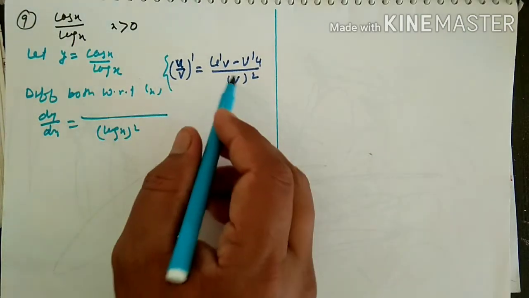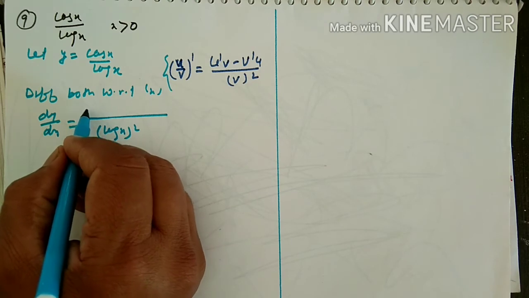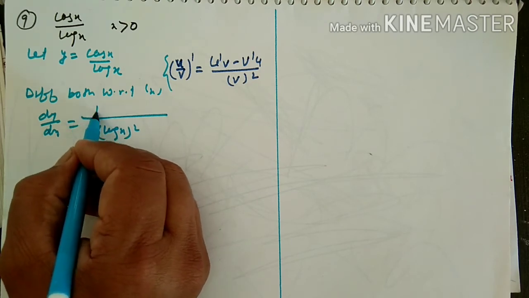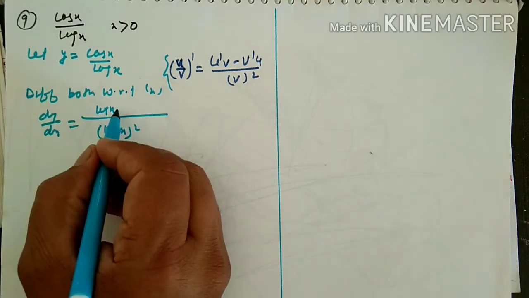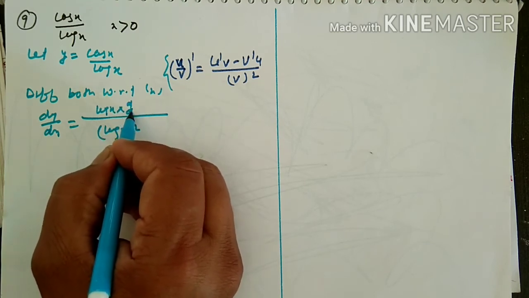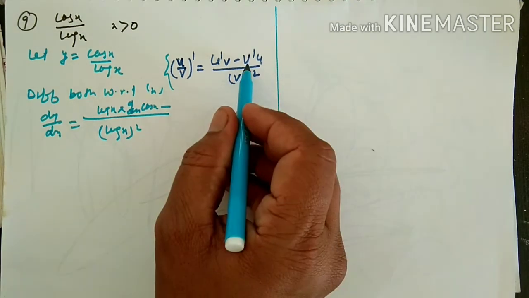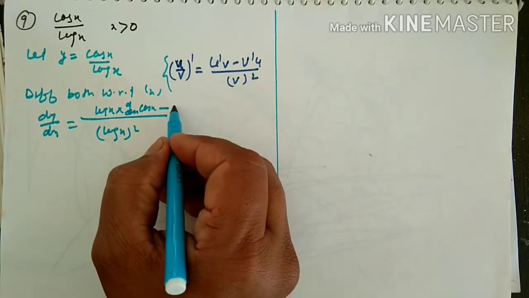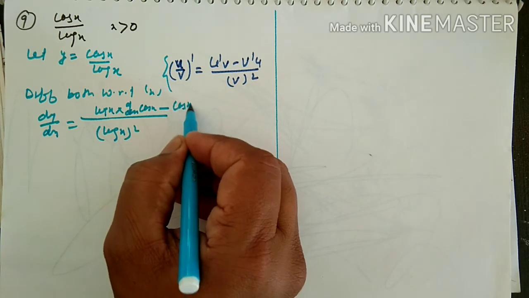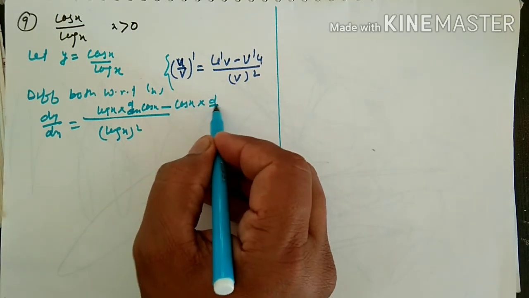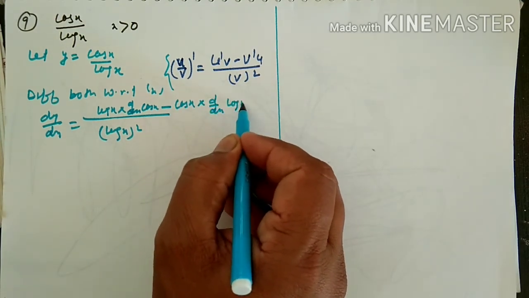Differentiation of cos, and log remaining as it is, so log x into d upon dx of cos x, minus cos remaining as it is, and differentiation of log x.